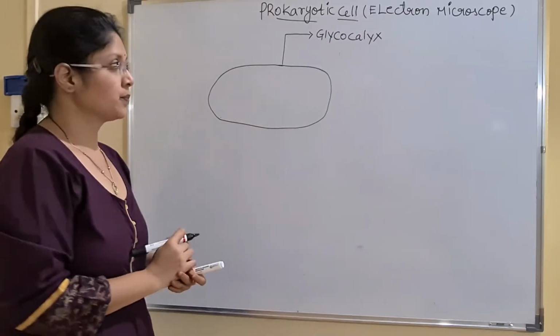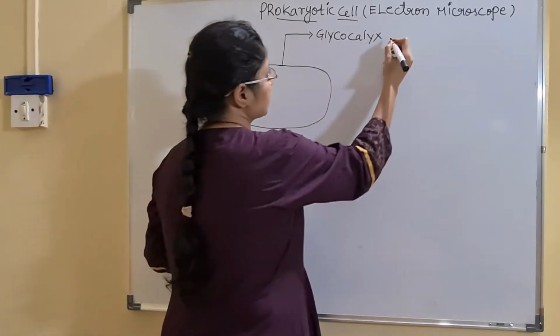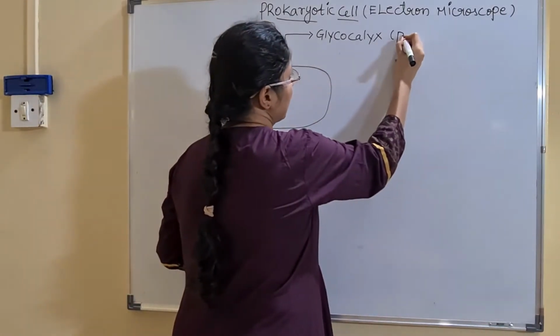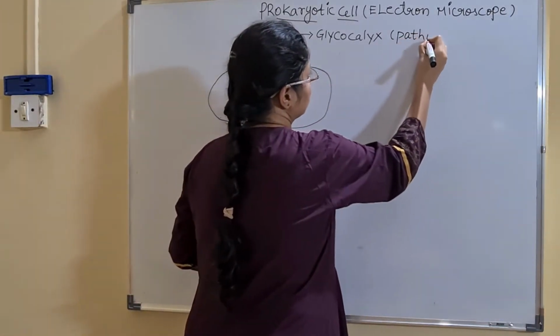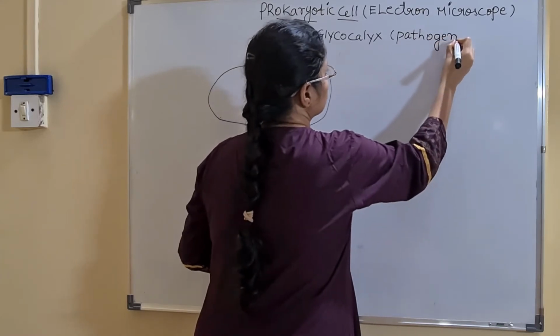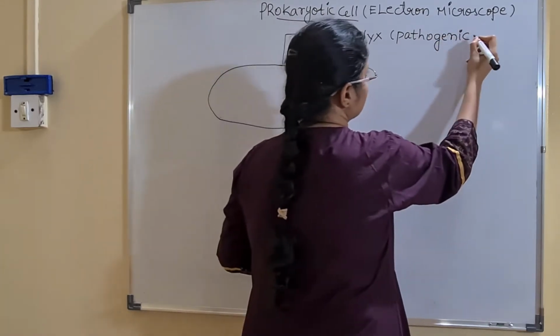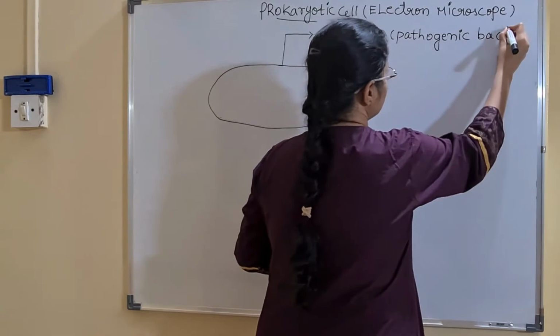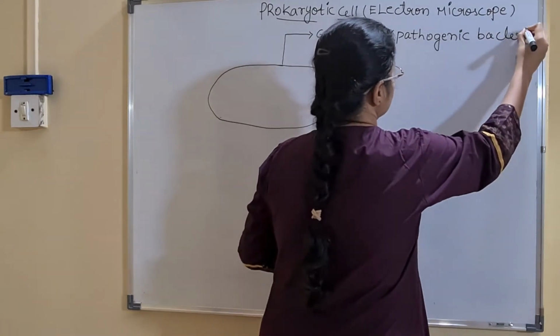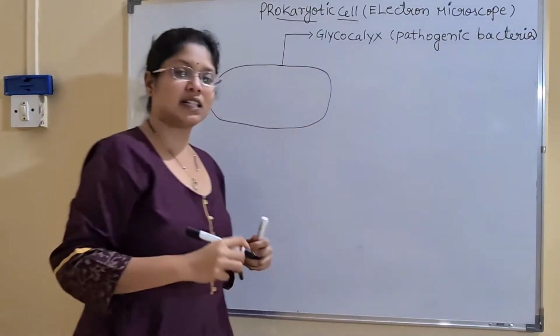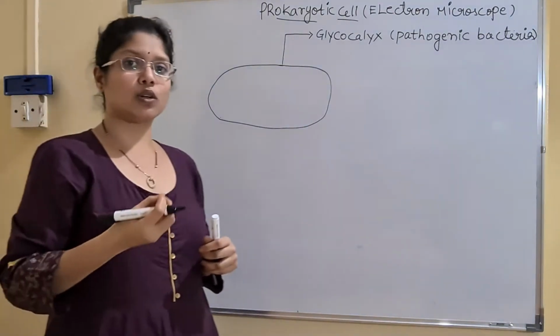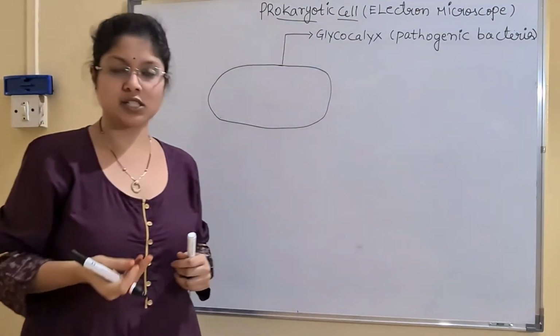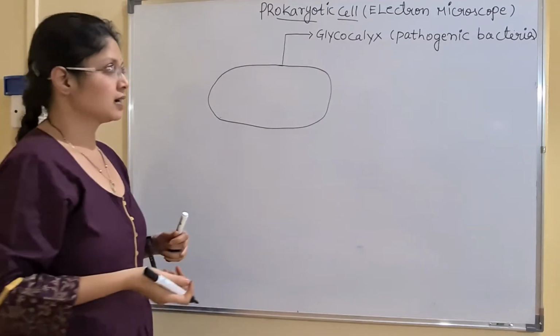It is mainly present in pathogenic bacteria. It is the characteristic feature for certain pathogenic bacteria. Pathogenic bacteria means the bacteria which cause disease or infection in the host body, right?